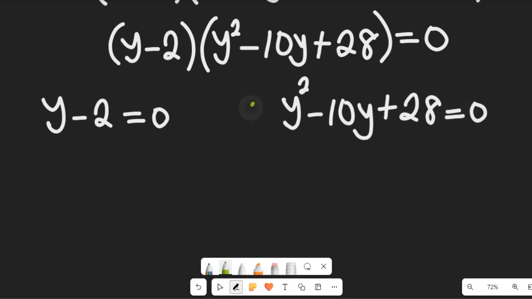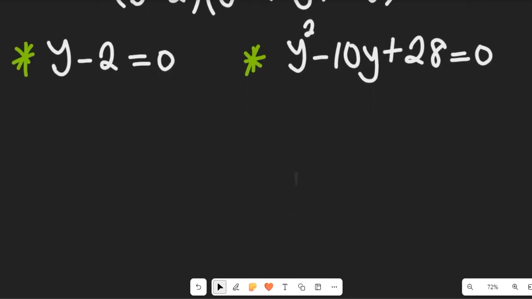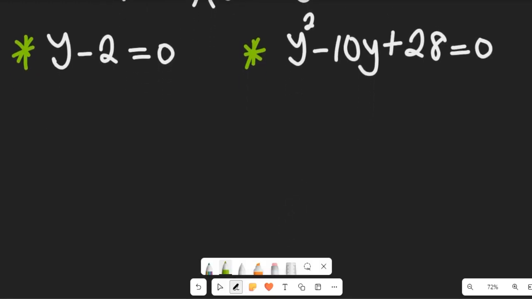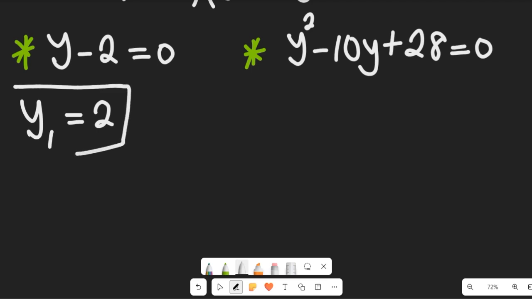So these are two different equations, a linear equation and a quadratic equation, coming out from the zero product rule. Now we're going to simplify these two expressions to find the values of y. From this linear equation, y, which we will take as our y1, will simply be equal to 2, because we add 2 to both sides, and that gives us the first solution.